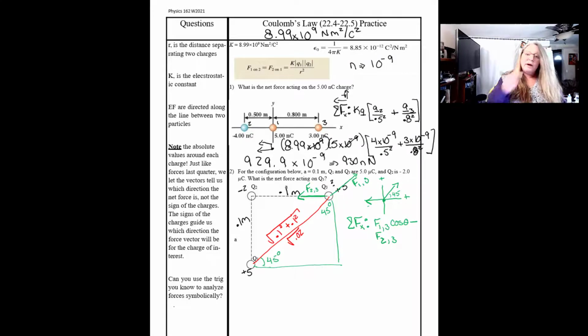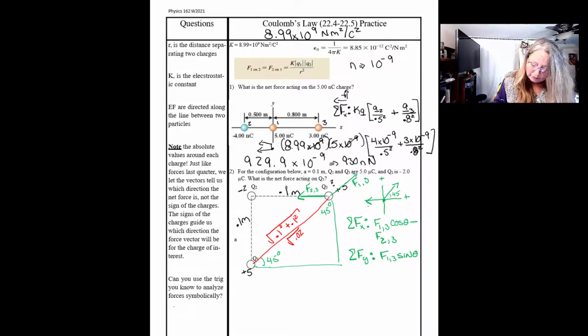And that will give me my net force there. And now my sum in the y, well that's just kind of handy because there's only the one going in the y, that I have this force 1 on 3, opposite side, so sine of theta. Now I can add them up.